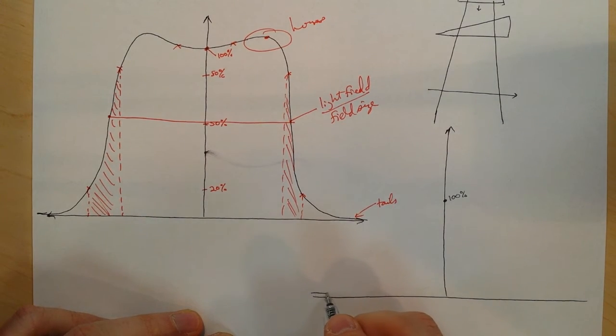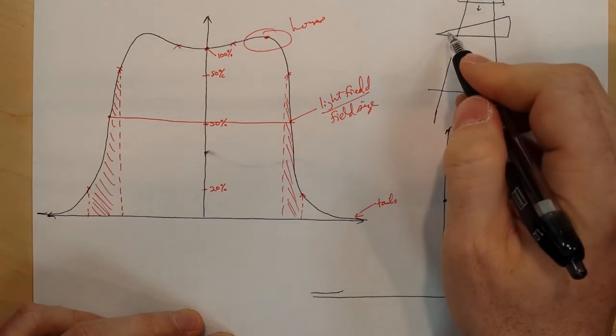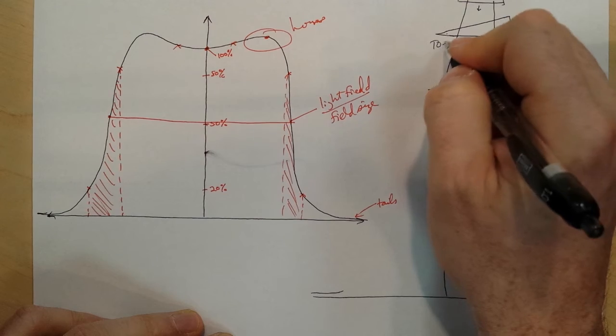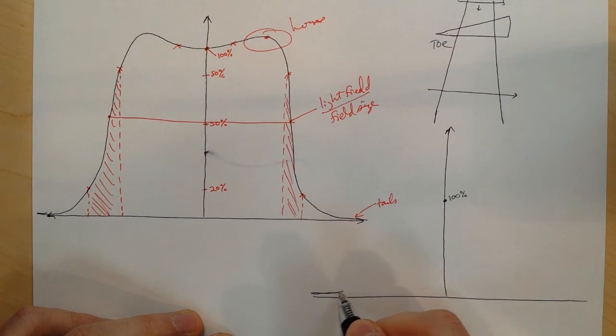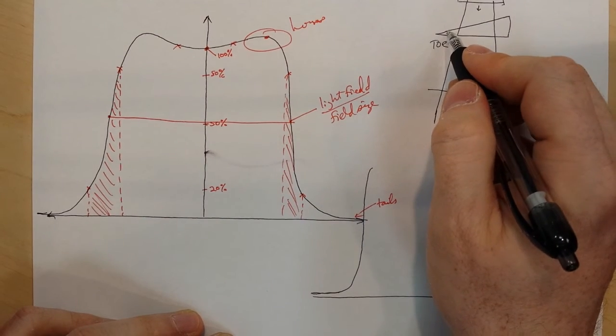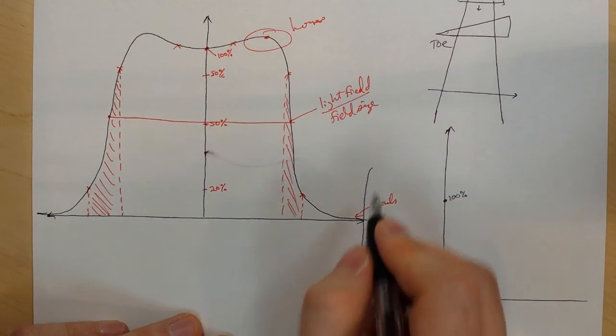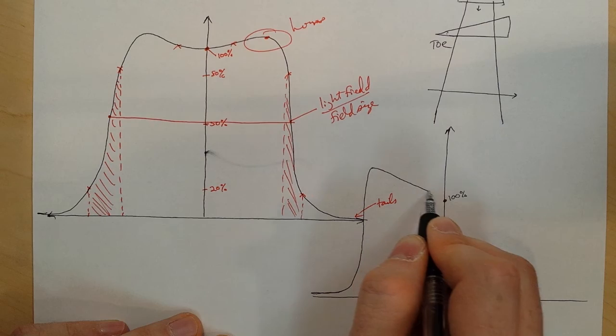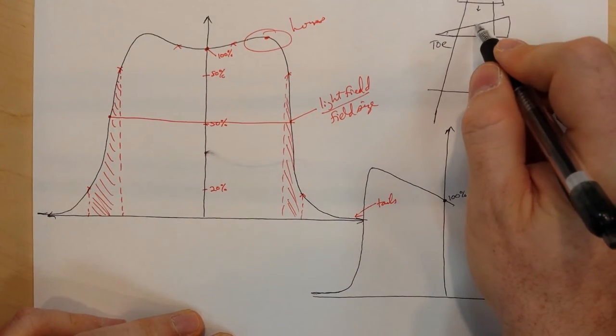So I still get my penumbra, I still get my tails. Under the toe of the wedge, I get increased radiation because I get less attenuation, thinner part of the wedge. I get 100% at the central axis.